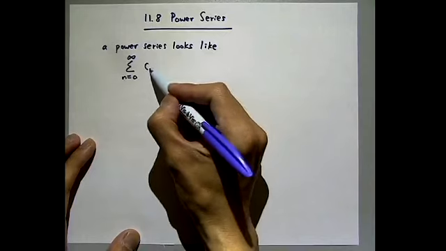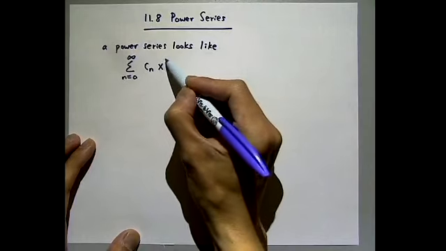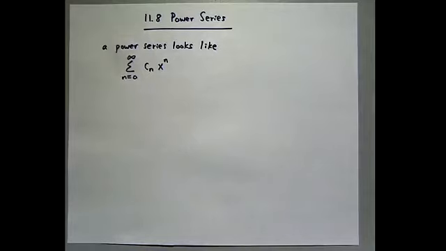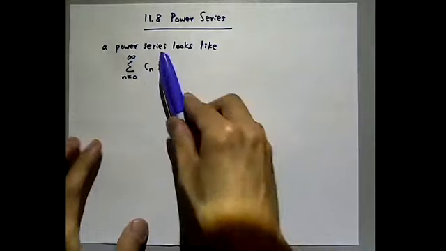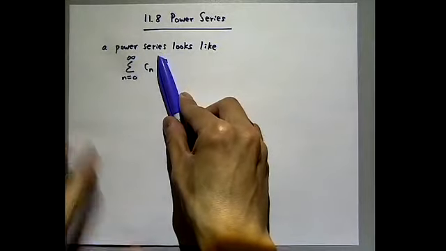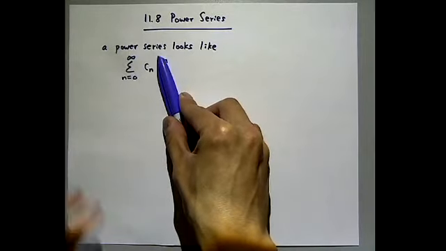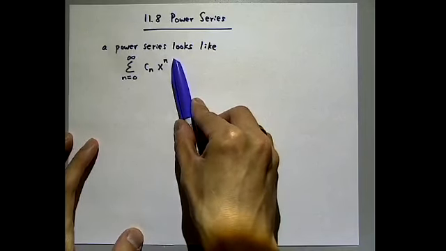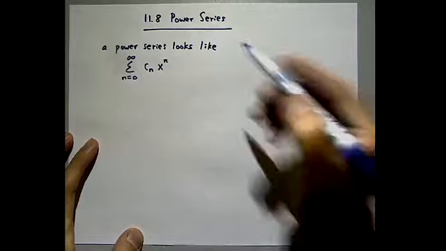Some coefficient c_n times x to the n. Now, without the x to the n, we just have regular infinite series, and we know how to deal with that in many, many different ways. But now we're going to tag on this x to the n here. So what do these look like?